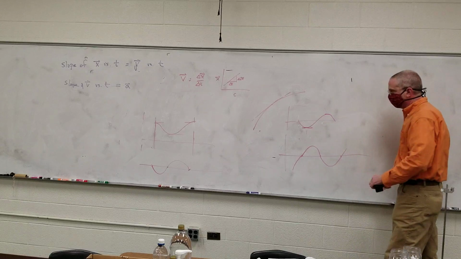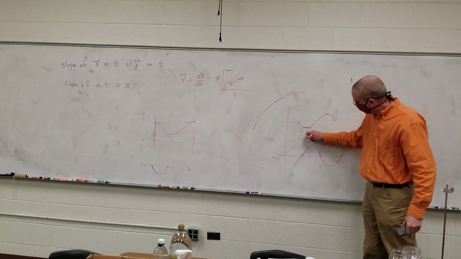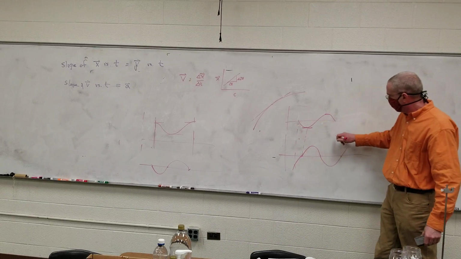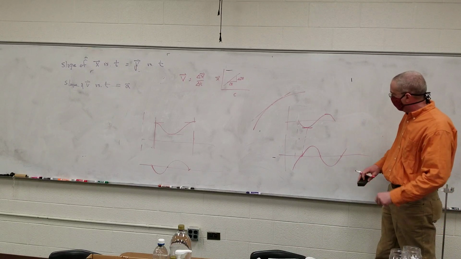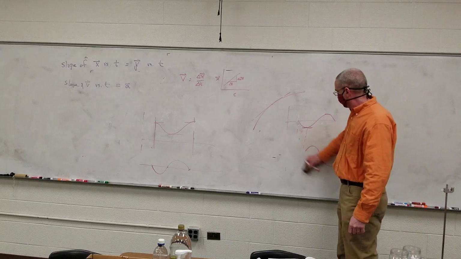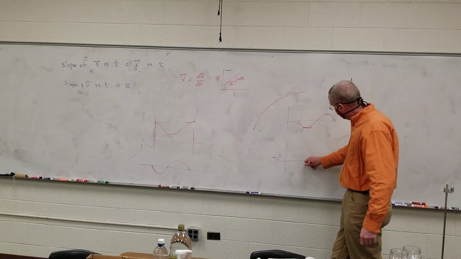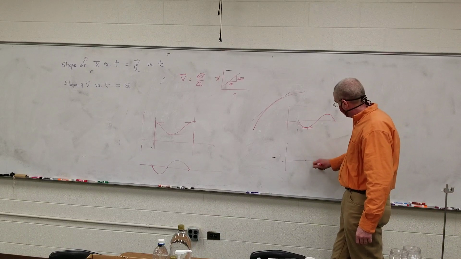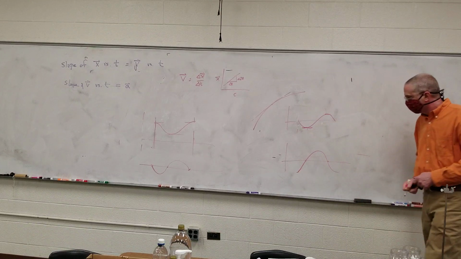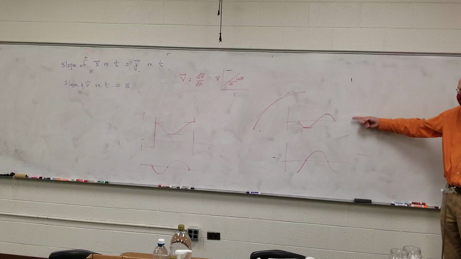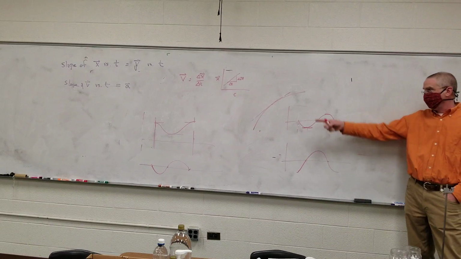So if that's my velocity graph, I cannot draw directly over one. 0, 0. If that's velocity, that would be the acceleration. And this is just basically the first one upside down.